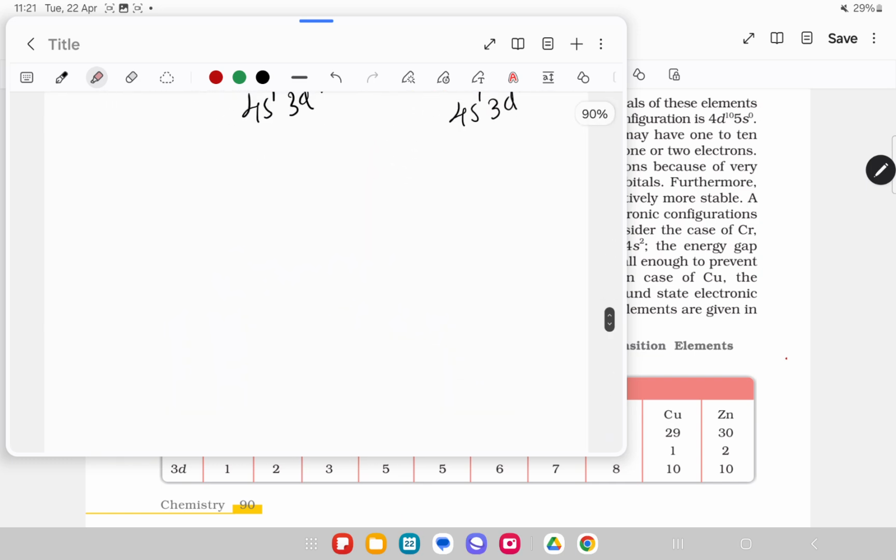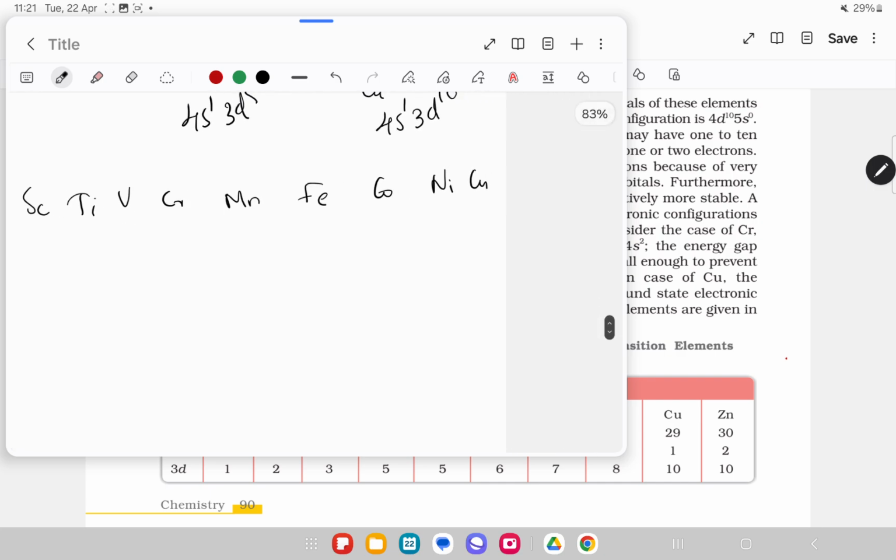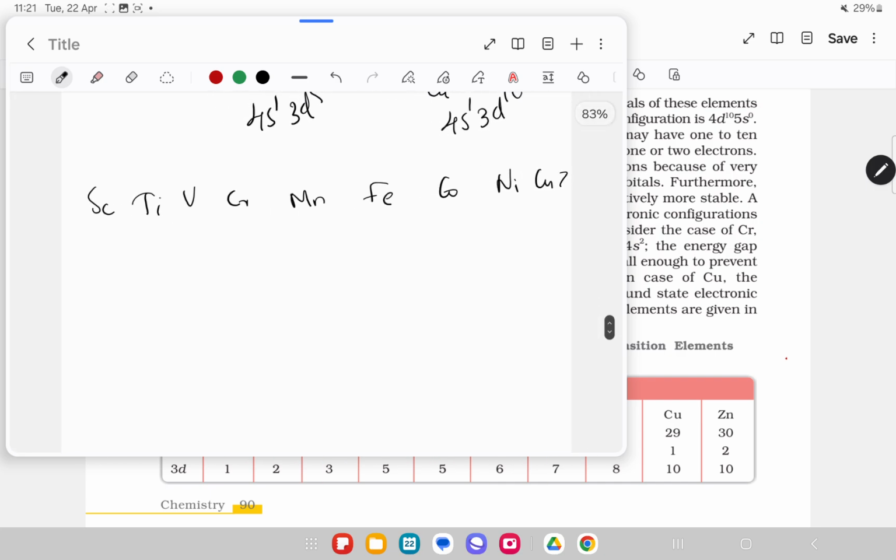Let me write it properly: Man, Fe, Ko, Ni, Ku, Zn. Zn will be here. Sky, La, Tiger Shroff, vanadium, niobium, tantalum. Chromo, right? Mo, W. Man took rust. Ferrous.